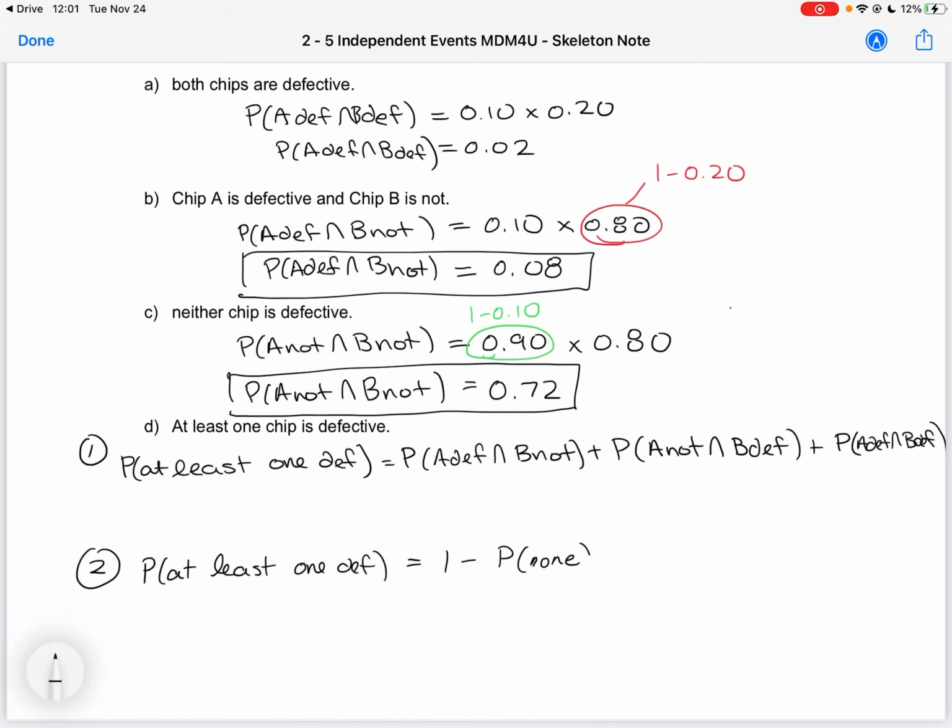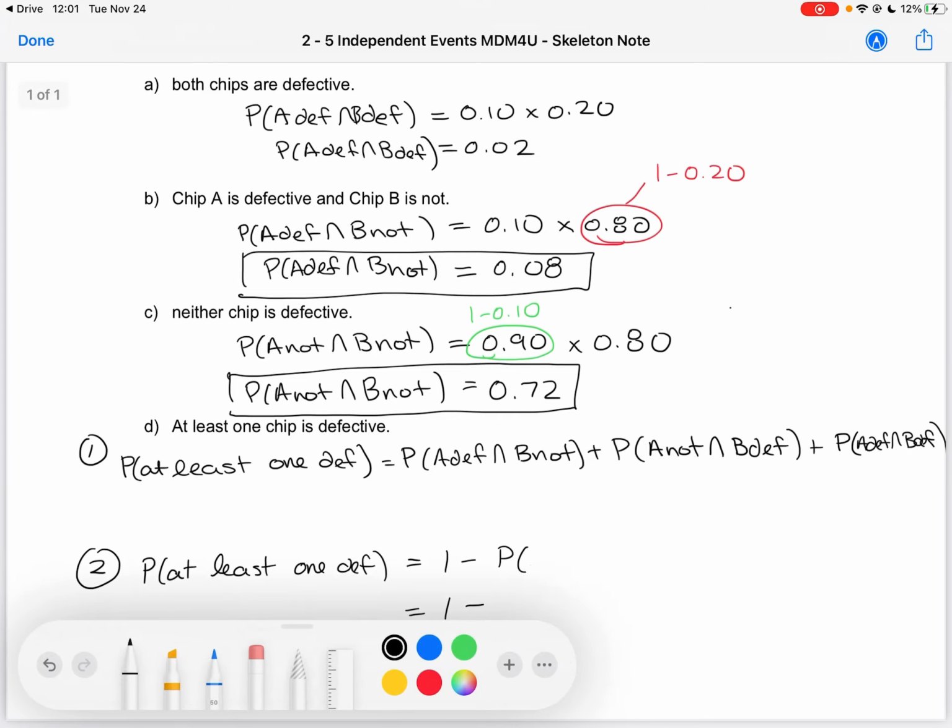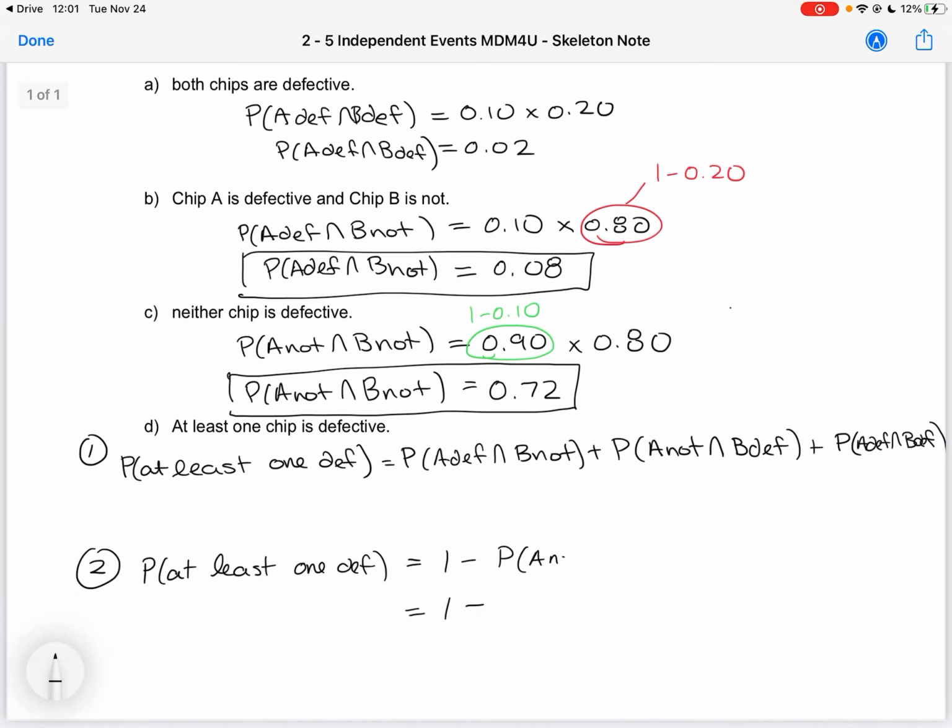So that none are defective. So that's a little bit easier for me to subtract. Plus, I've already calculated that value. So let's say 1 minus the probability that A is not defective and B is not defective, which I've already calculated, which is going to give me 28% chance that at least one is defective.